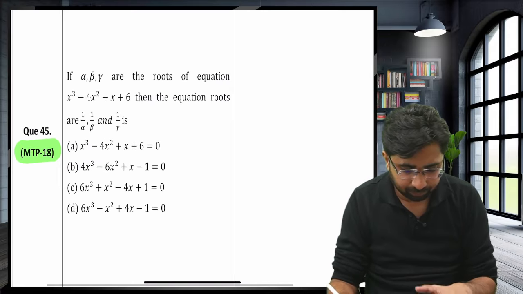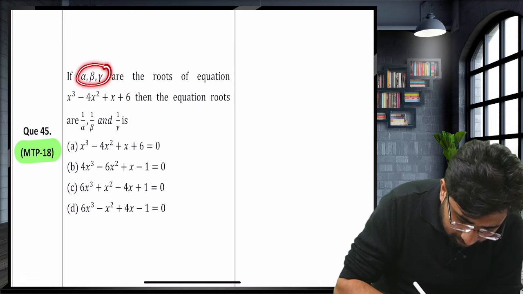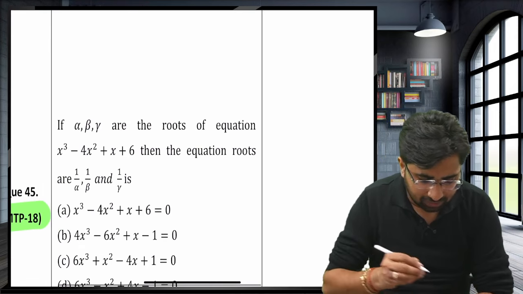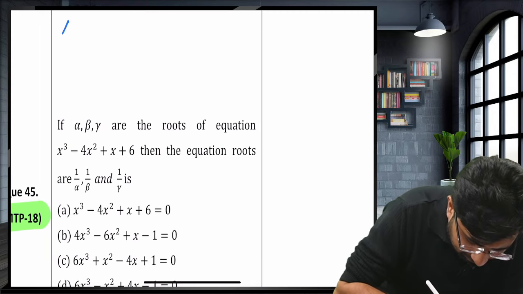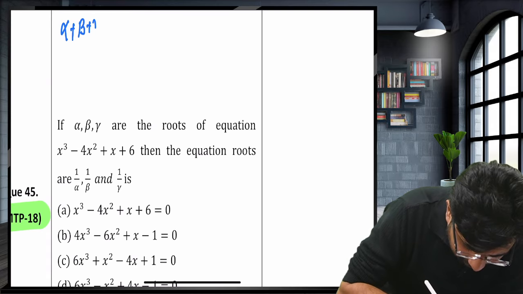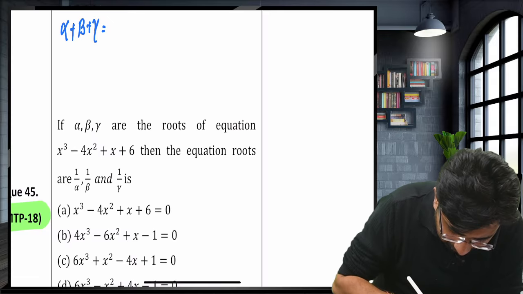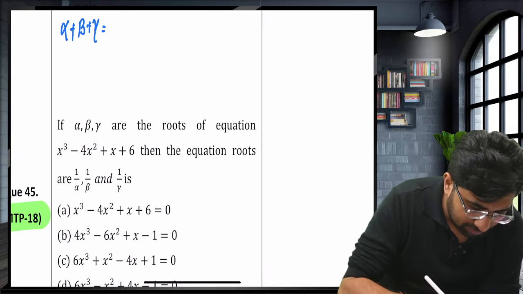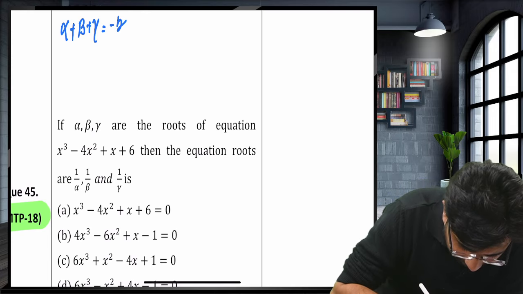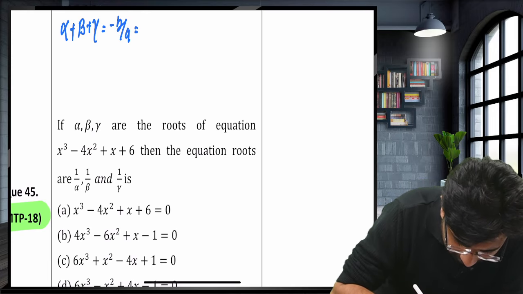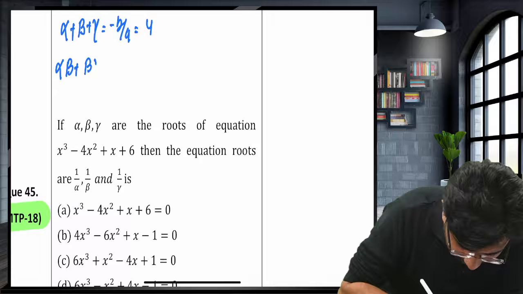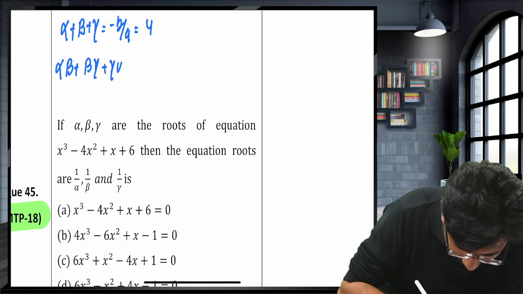Now look at this toughest question. They are saying alpha, beta, gamma are the roots of this equation. If alpha, beta, gamma are the roots of this equation, you know three things. Sum of the roots, alpha plus beta plus gamma, is minus b by a, minus of minus 4, so you will get plus 4. What is cyclic? Alpha beta plus beta gamma plus gamma alpha.